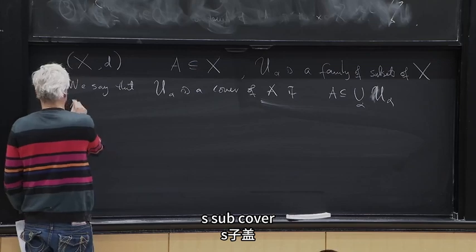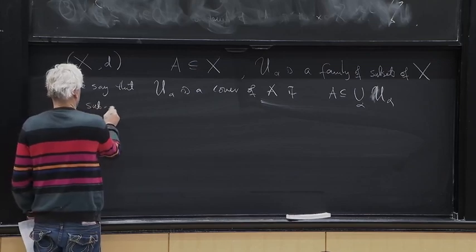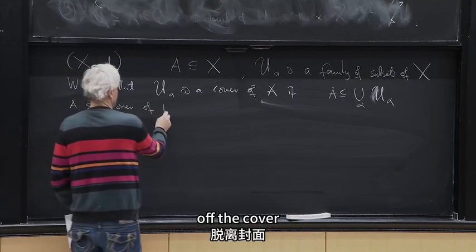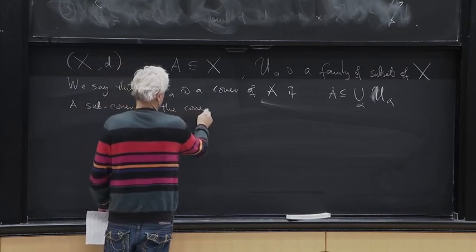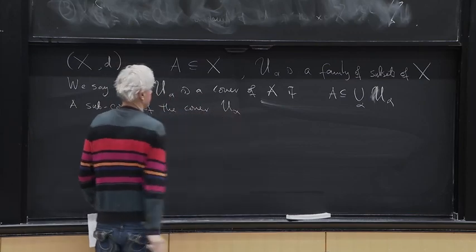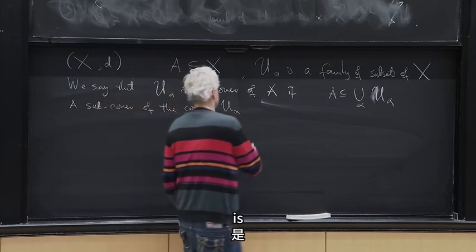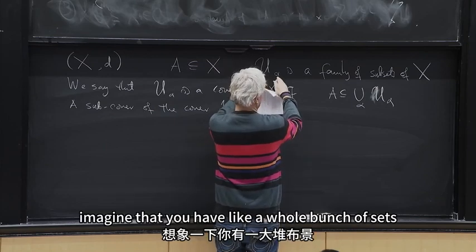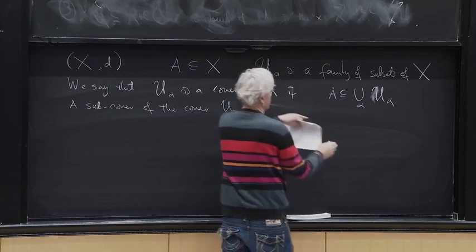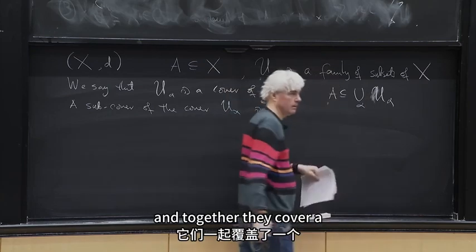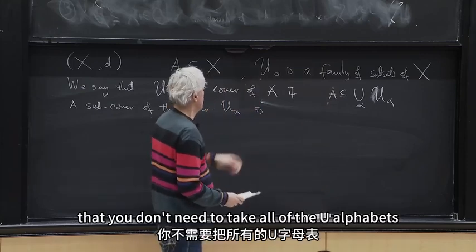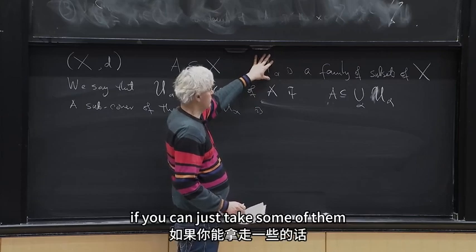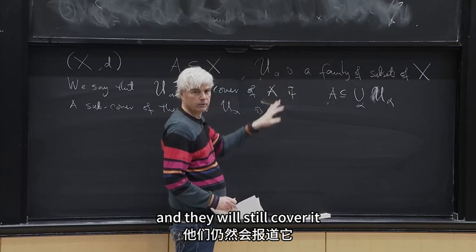A subcover of the cover U alpha is, right? So if you imagine that you have a whole bunch of sets, and together they cover A. A subcover means that you don't need to take all of the U alphas. If you can just take some of them, they will still cover it.